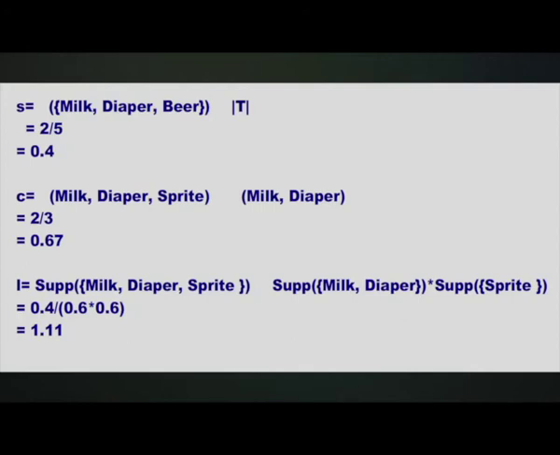The next metric is lift, which is equal to support of the item set milk, diaper and soft drinks divided by support of milk and diaper times the support of soft drink. According to the data set, it is 0.4 divided by 0.6 times 0.6, which is equal to 1.11.